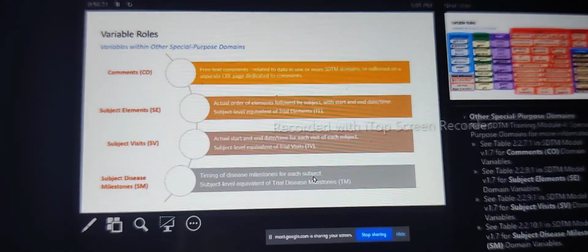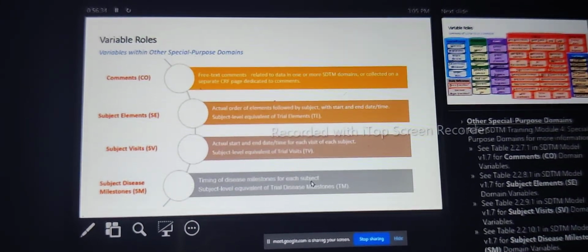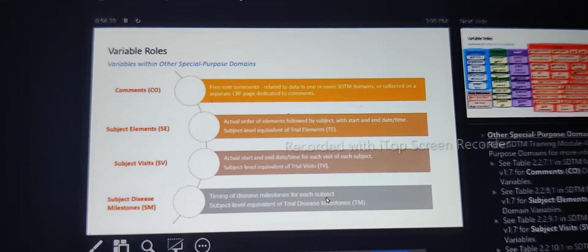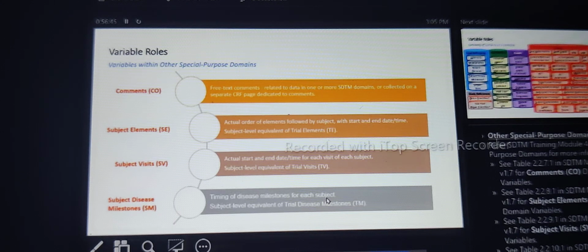How can you identify the domain level comments and the CRF level comments? Can anyone tell? I'll give the comment dataset, SDTM comment dataset. By seeing it, you should identify which are the comments from the domain level and which are the comments from the CRF level. It's easy, right?